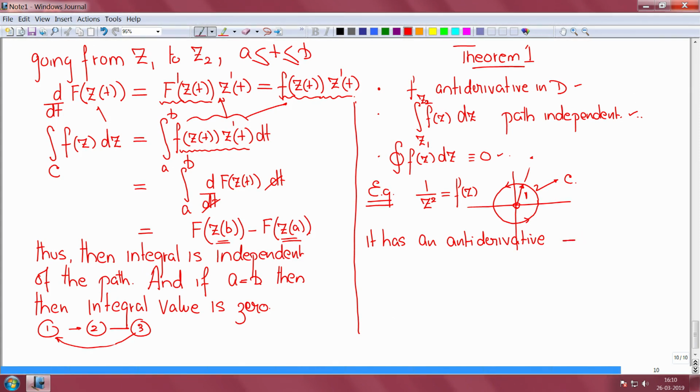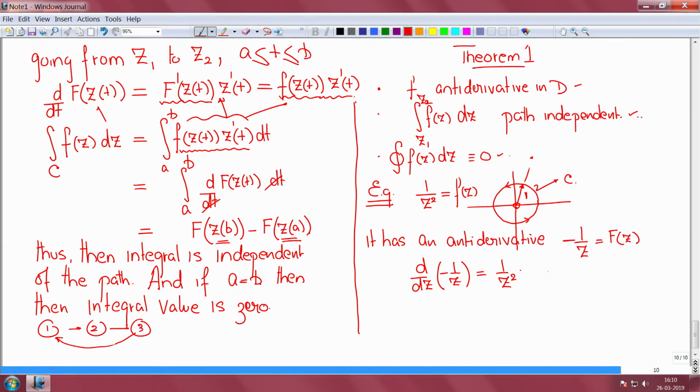Which is minus 1 over z. This is the antiderivative. Why is that? Because d by dz of minus 1 over z happens to be equal to 1 over z square, in the same domain.